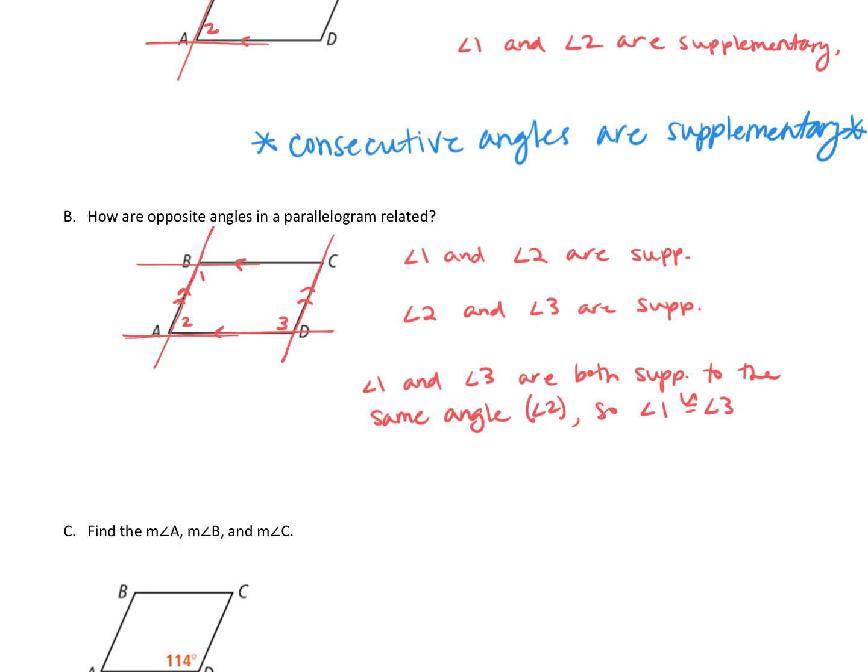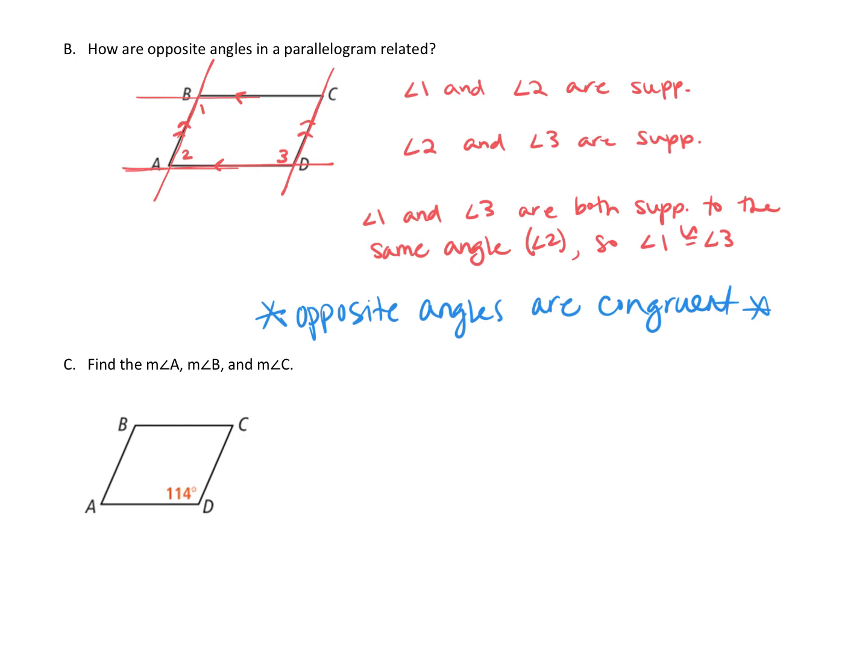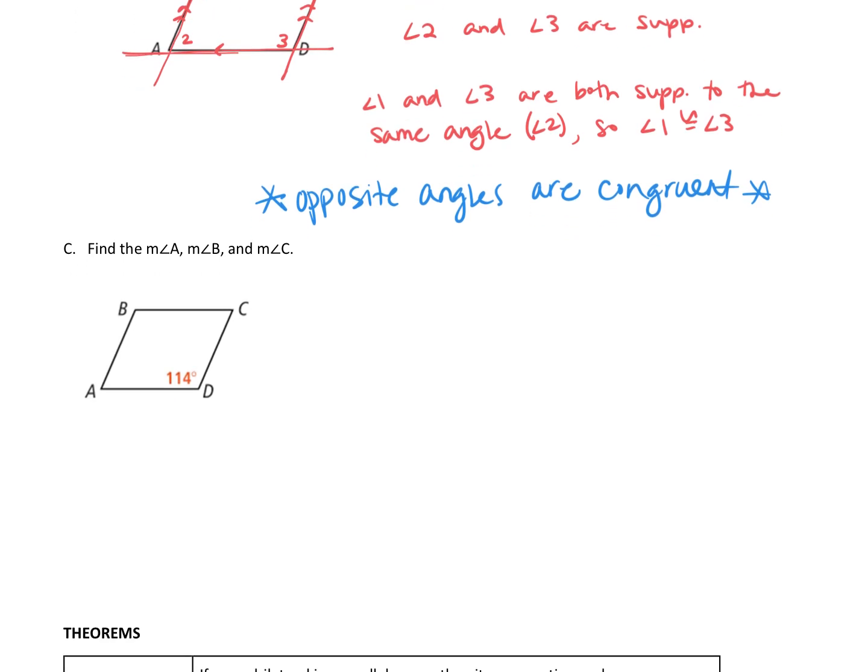So guess what that means? Opposite angles in a parallelogram are congruent. So that's how they relate. Opposite angles are congruent. Okay, part C. Now that we know some things, let's find the measures of angle A, B, and C.